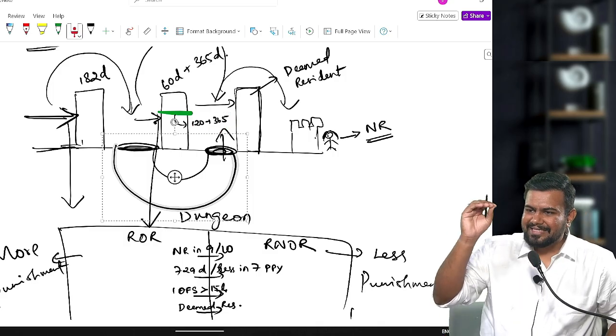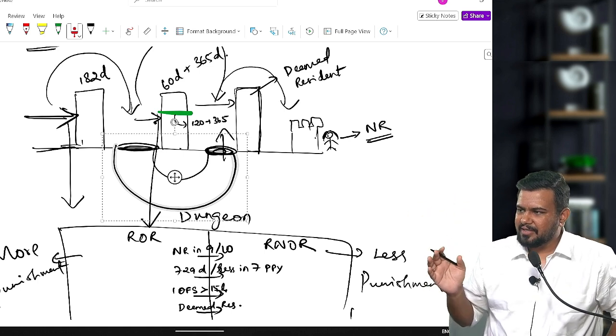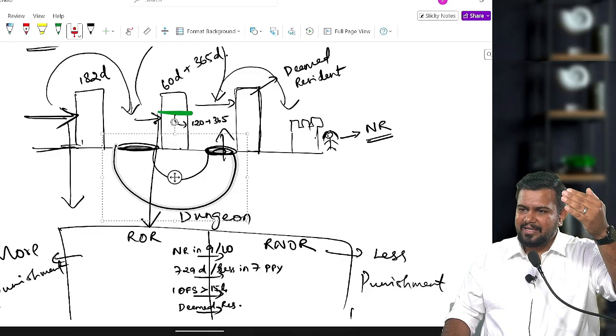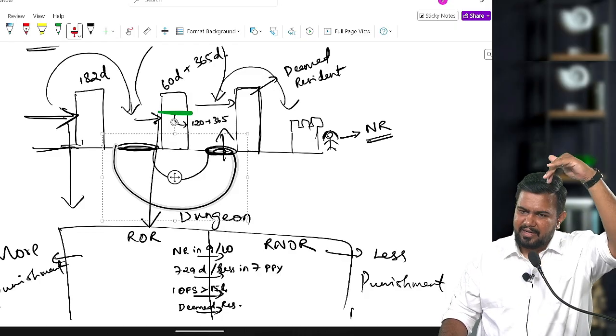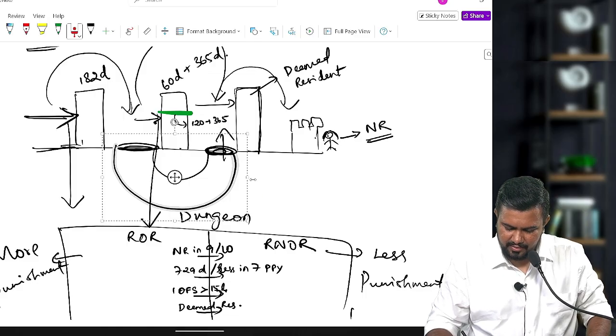No need to see 60 plus 365. You should see the 120 plus 365 condition. Here also, if it is more than 120 days stay, then you will hit the wall and go inside the dungeon. But directly you will go inside RNOR. Directly RNOR. Just a second.